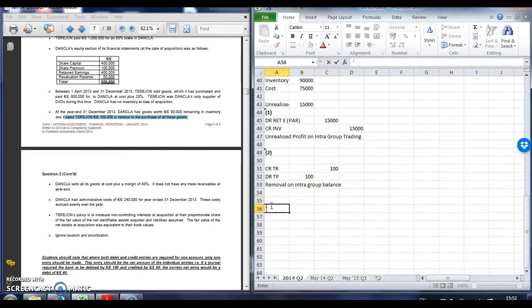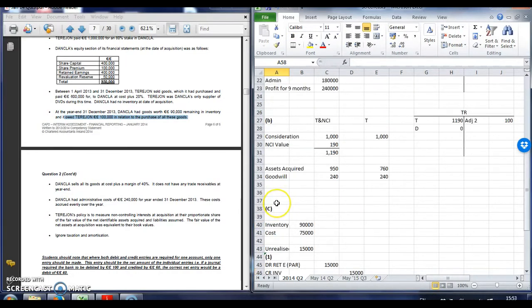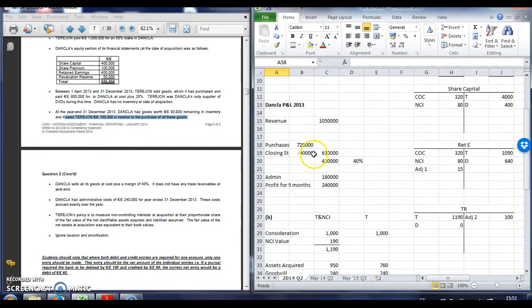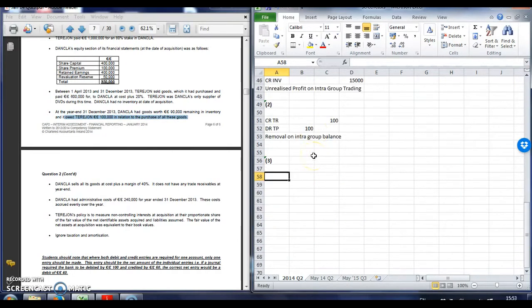And the final thing that you should do then, just to make a double entry, just to show that you know where it goes, is 3, the recognition of the NCI post-acquisition profit. So we've calculated it already up here, but just to show that we're going to put it in the accounts now, so we don't forget about it, we will debit retained earnings 48,000 and credit NCI 48,000, and that being the post-acquisition share of profits.